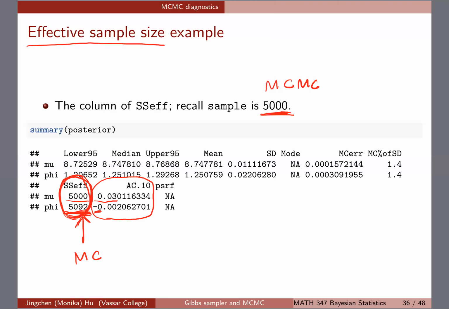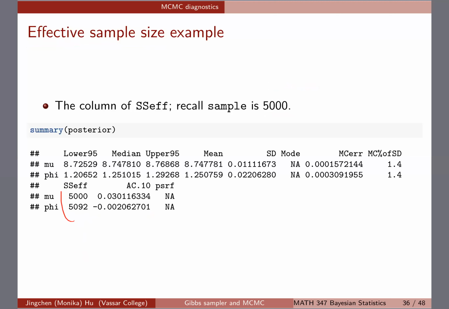But what is important for us is to keep in mind that the effective sample size column from the output is actually pretty important. As long as you see an effective sample size for every parameter of at least 1,000, I think that would be good enough to summarize.